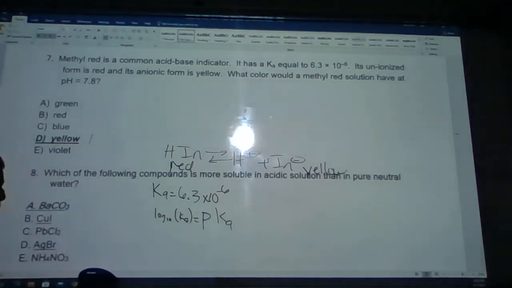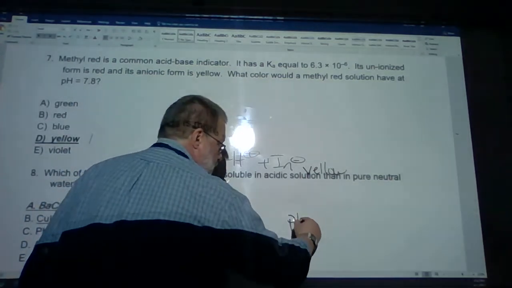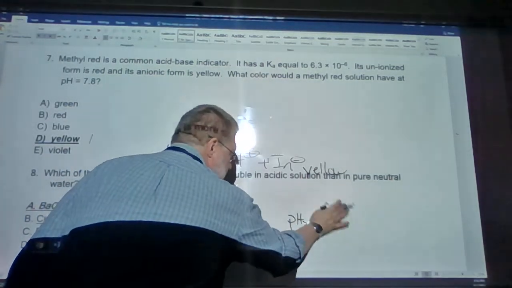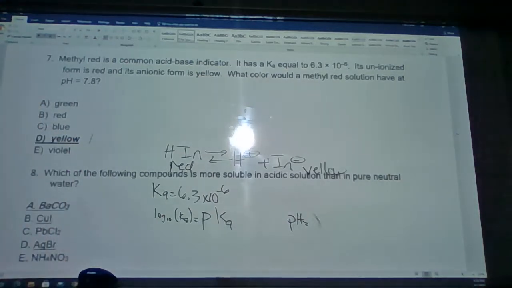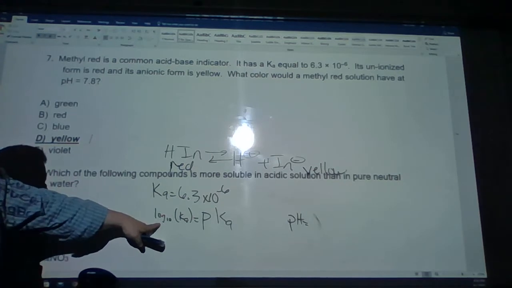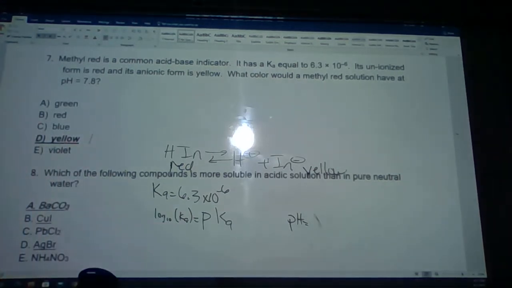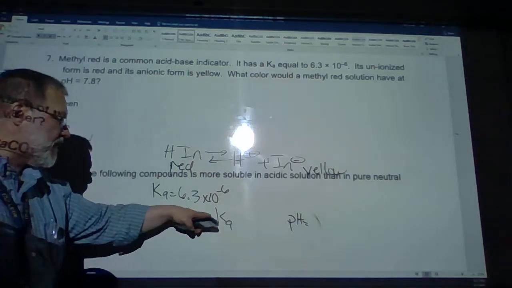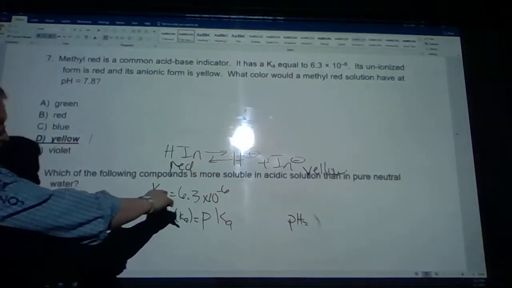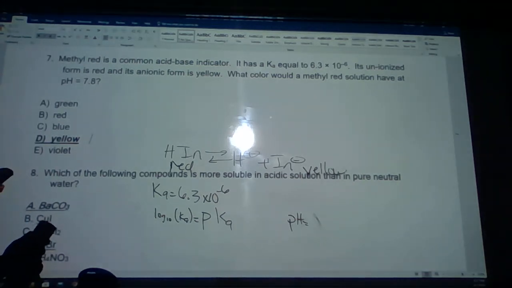This is related, in a similar fashion, to the pH. pH is minus 1 times the log base 10 operation on your hydrogen ion concentration. Ka is a measure of how strong an ionization is. So we take the log base 10 of 6.3 times 10 to the minus 6, and multiply it by minus 1.